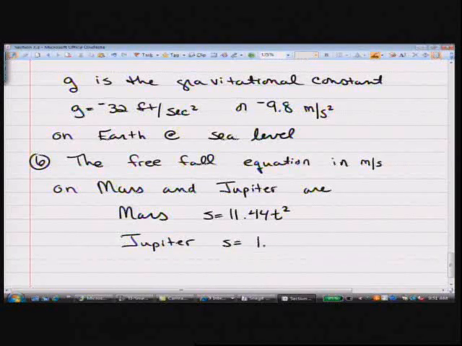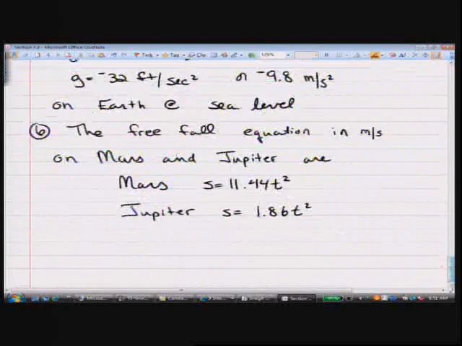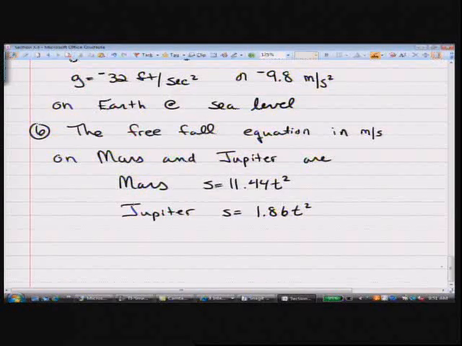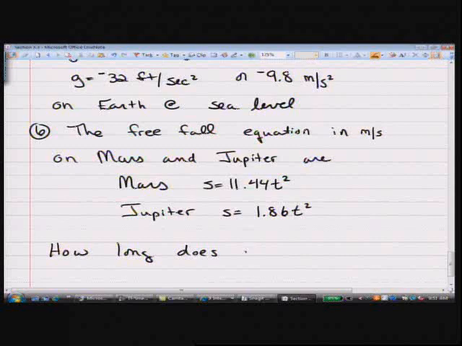Jupiter is 1.86 t squared. Okay, and so we have a question on each of these planets. How long does it take a rock falling from rest to reach a velocity of 27.8 meters per second on each planet?